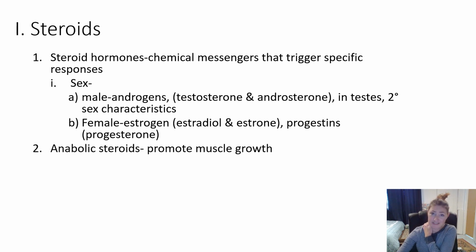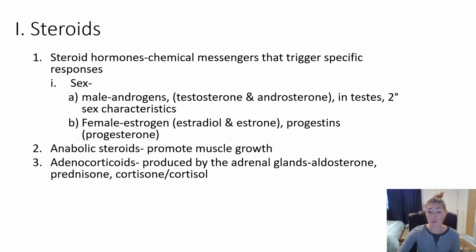There are a lot of physical and psychological problems that result from the prolonged use, which is why they're not allowed. Other steroids, adrenocorticoids, you're probably learning about this in anatomy and physiology. These are produced by the adrenal glands, which are right on the top of the kidneys. And aldosterone, prednisone, cortisone, and cortisol, those are all considered adrenocorticoids.